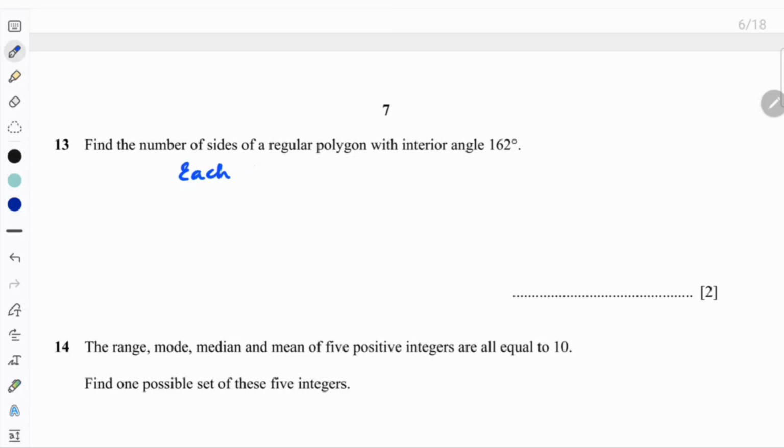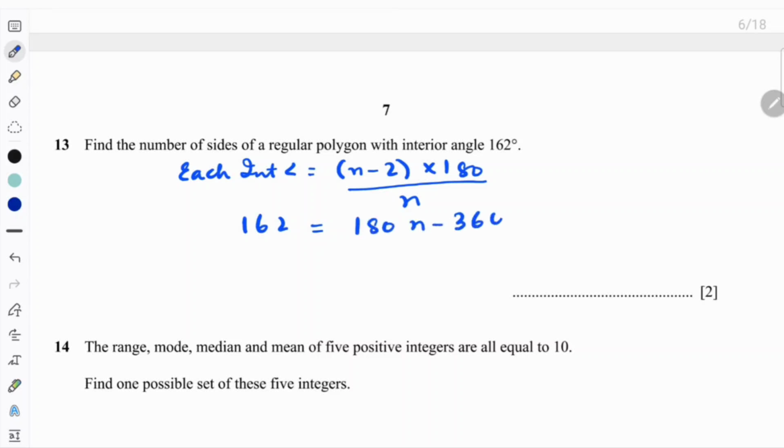Each interior angle is equal to (n minus 2) into 180 degrees over n. As it's a regular polygon, each interior angle is equal to 162, which equals 180n minus 360 divided by n. So 162n is equal to 180n minus 360.